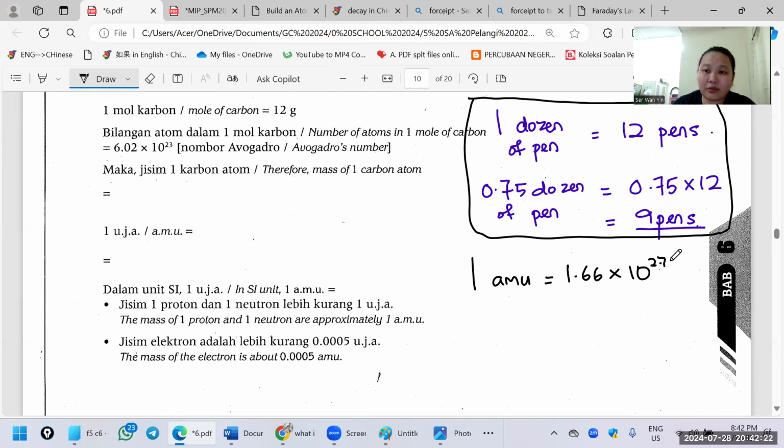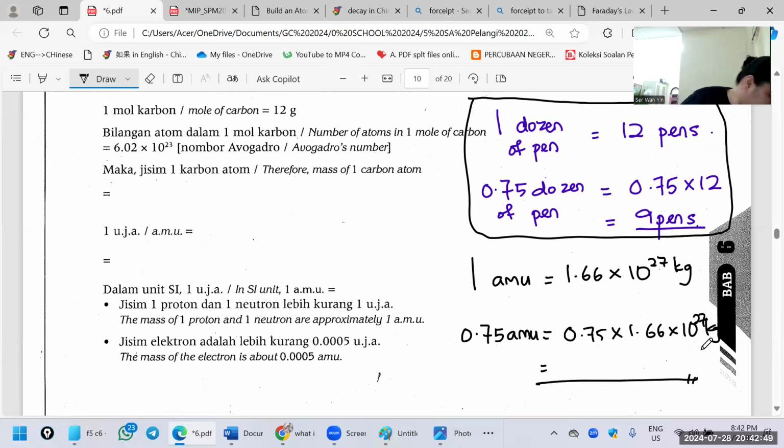Same thing, if I have 0.75 AMU, what should I do? 0.75 times 1.66 times 10 to the power of negative 27 kg. How much? Where's my calculator? 1.245 times 10 to the power of negative 27 kg.